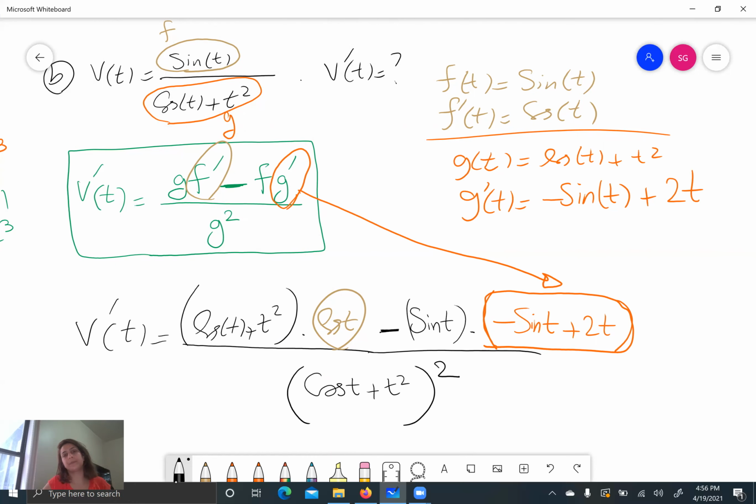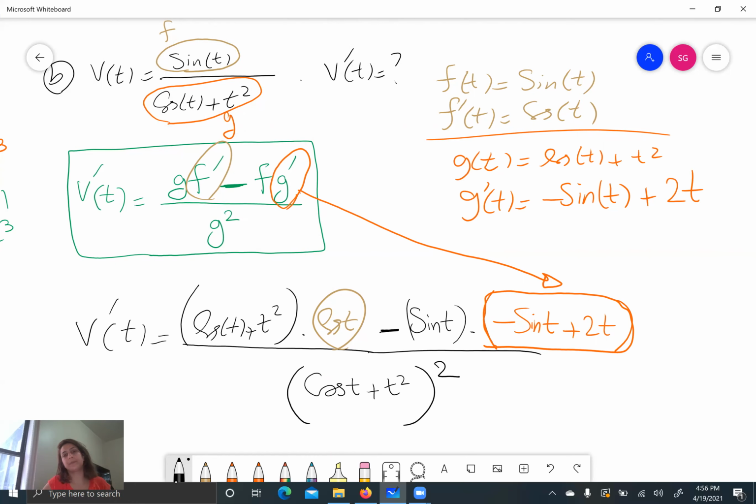So f prime of x is going to be x times cosine of x plus sine of x, plus, okay, what about here? Cosine of x plus 2 squared is the denominator.